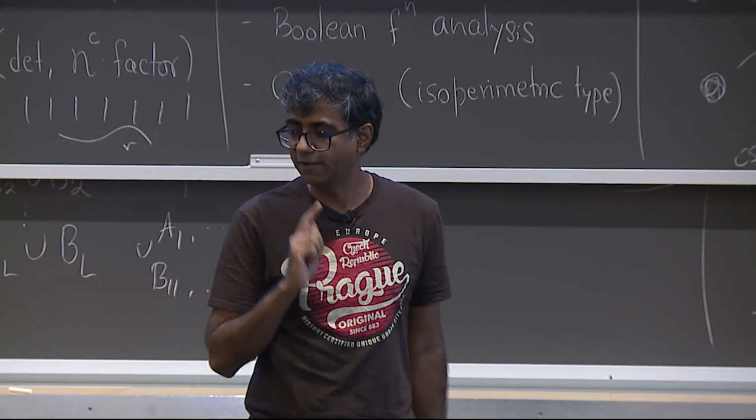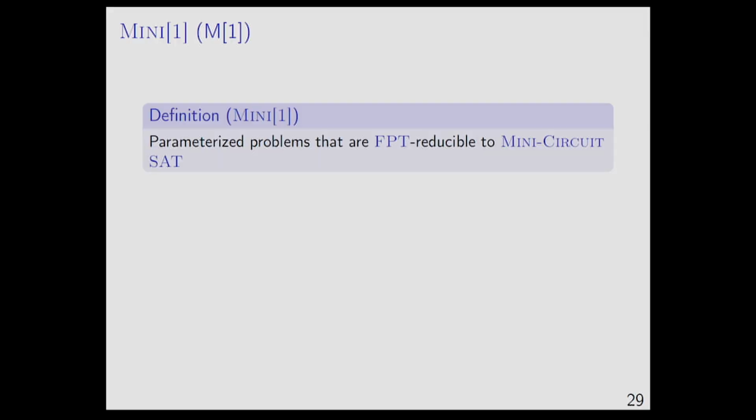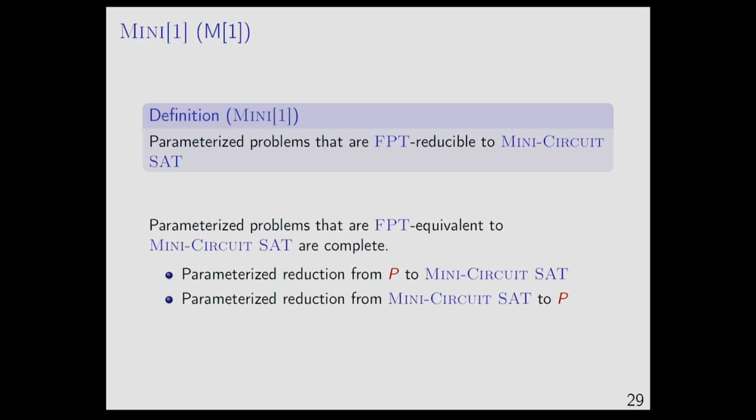Parameterized problems that are FPT reducible to mini circuit SAT. This is called mini 1. Okay? So the parameterized problems that are FPT equivalent to mini circuit SAT are basically complete. So if you can show a parameterized reduction from P to mini circuit SAT, and a parameterized reduction from mini circuit SAT to P, then you can show that this problem is complete for this class mini 1.